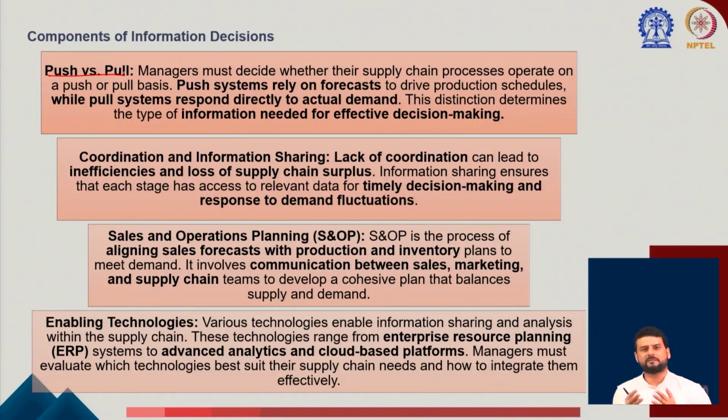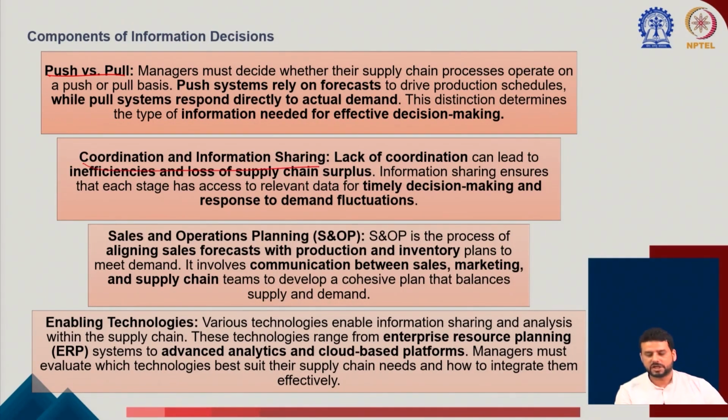If any demand comes from a particular market, only then we replenish the inventory in that market. Then again, how will you decide that this particular market needs product right now? Again, your push-pull information system will provide you that information.